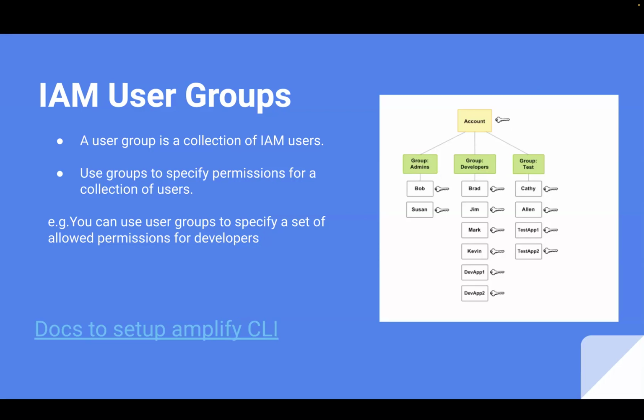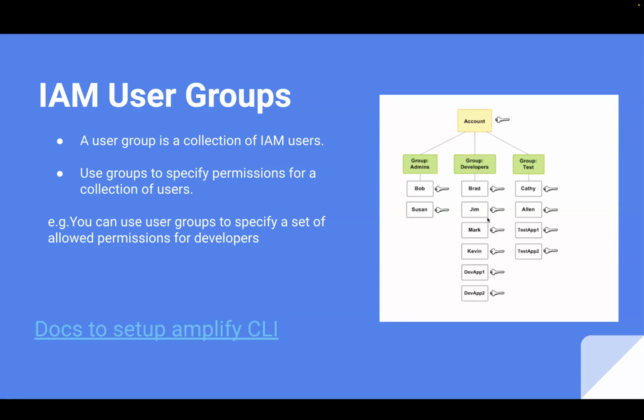For example, developers can read and write to S3 buckets, but finance can only read from S3 buckets. We can place users under finance, and then we'll place all the developers under the developer user group.